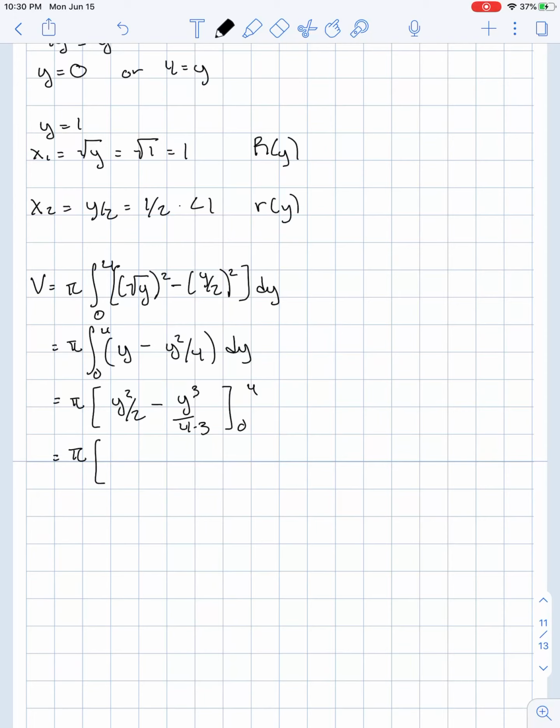So pi, let's plug in 4. 4 squared is 16 over 2 minus 4 cubed is 16 times 4. Oh god. 4 times 6 is 24. I had to stay late in elementary school because I didn't know my 7s and 8s multiplication tables, and I still don't know them.